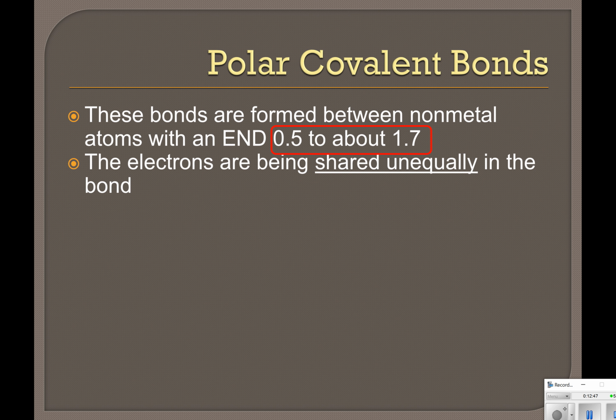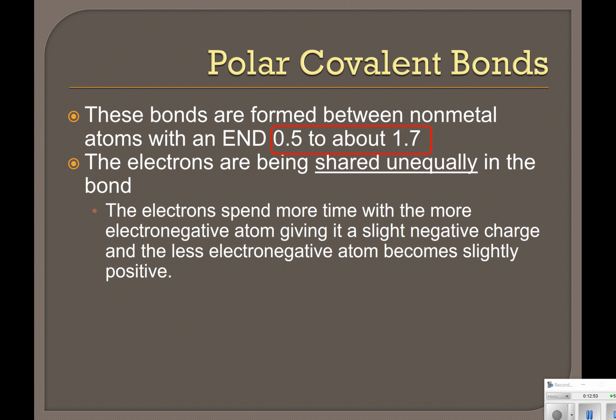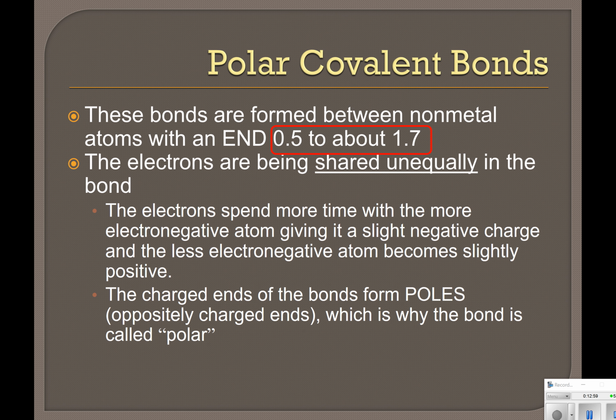Not enough for one atom to completely take the electrons, but enough where the electrons are going to spend more time around one atom as opposed to another. And it's going to spend more time around the more electronegative atom. And this is going to give the molecule a pole, a charge on either end of the molecule.